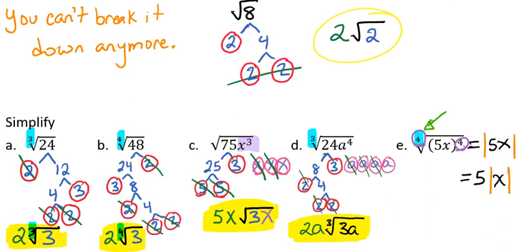Here it's even, which means that our answer is going to be the absolute value of whatever is inside. So the absolute value of 5x. Well, we can split that apart even further. Here, let me show you. So we have the absolute value of 5 times the absolute value of x. Well, we know what the absolute value of 5 is. It's 5. Because we don't know what x is, we have to leave the absolute value symbols, giving us 5 times the absolute value of x as our simplified solution.